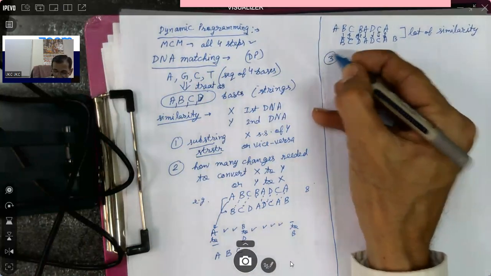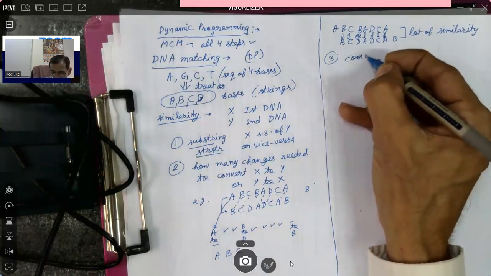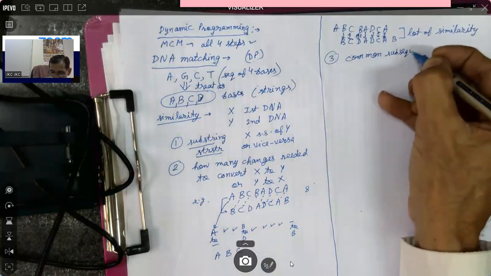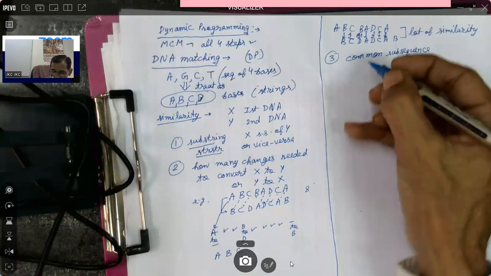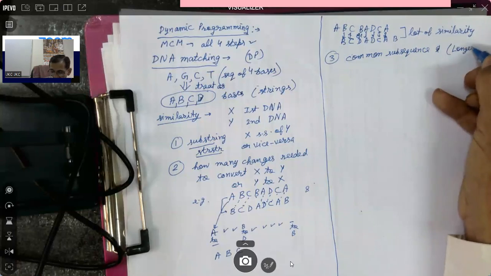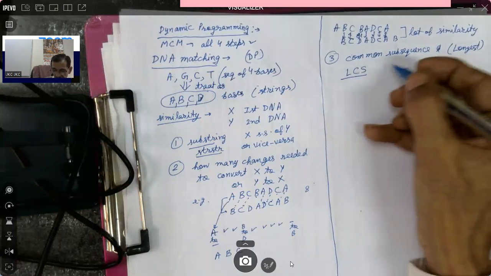Similarly, the third similarity, which is more useful to us, is called common subsequence. Longest is obviously what we require to find, and in general it is called LCS.